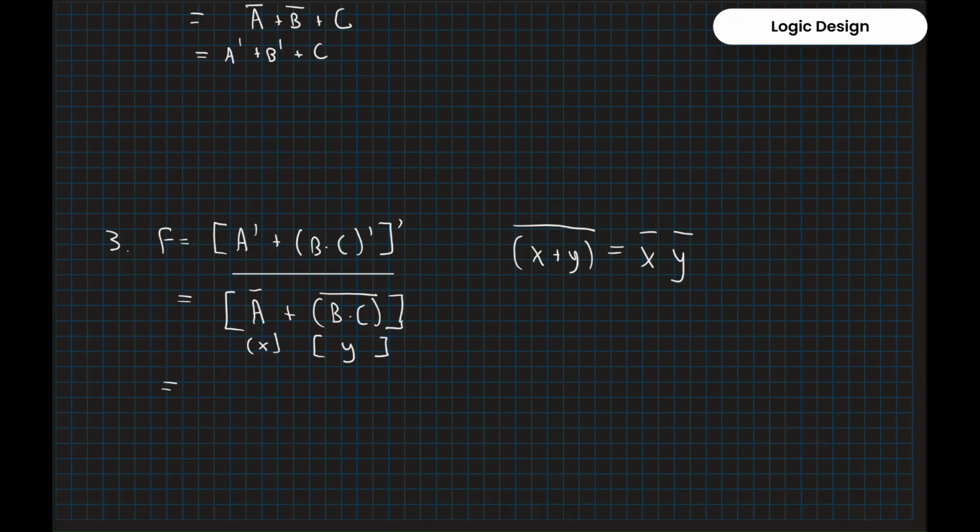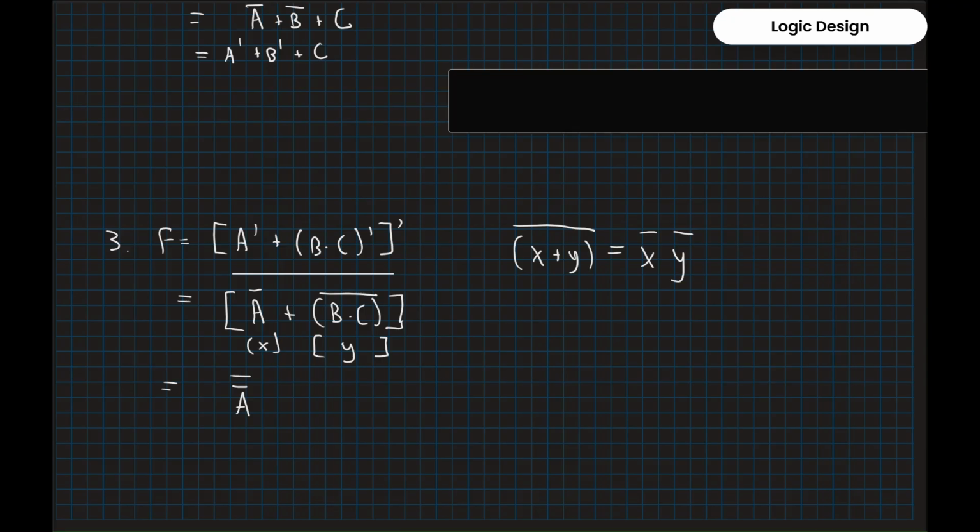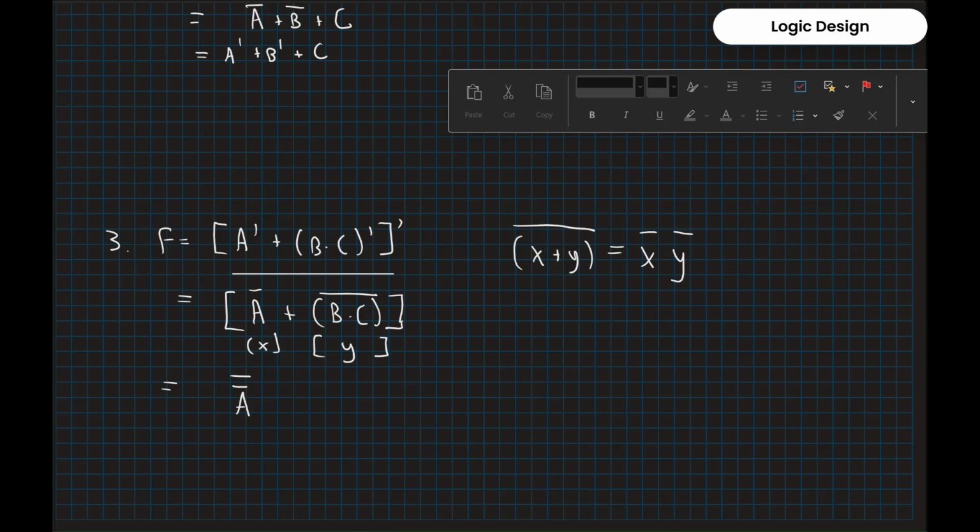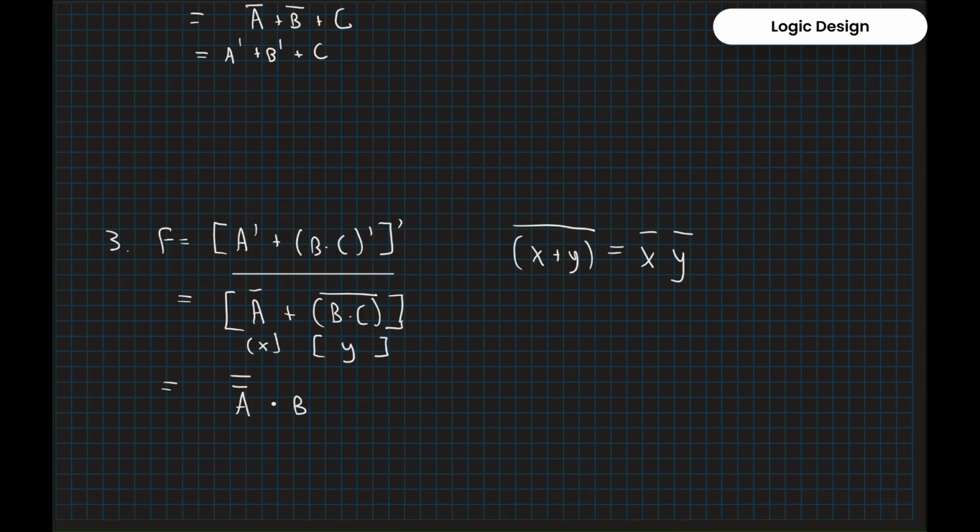A is already barred, so A bar bar times y, and y is B times C bar. What happens? This gets canceled out, and this gets canceled out. So the final expression is literally just A times B times C.